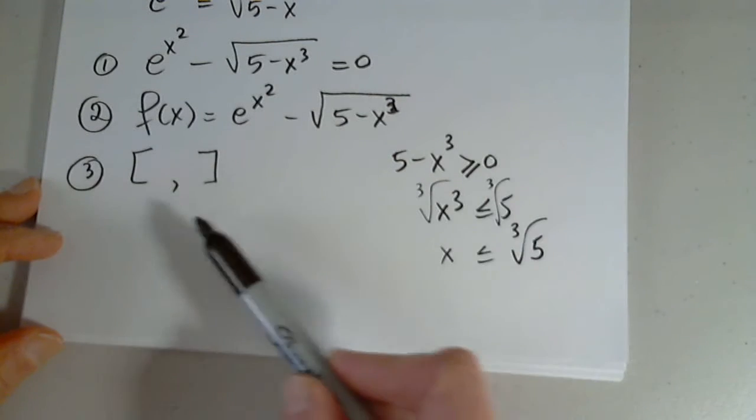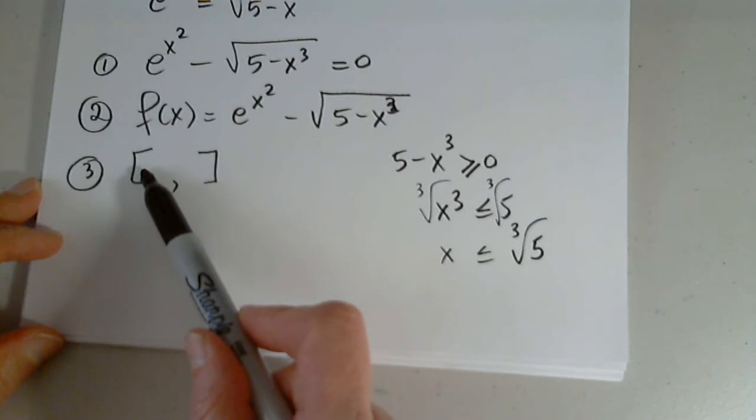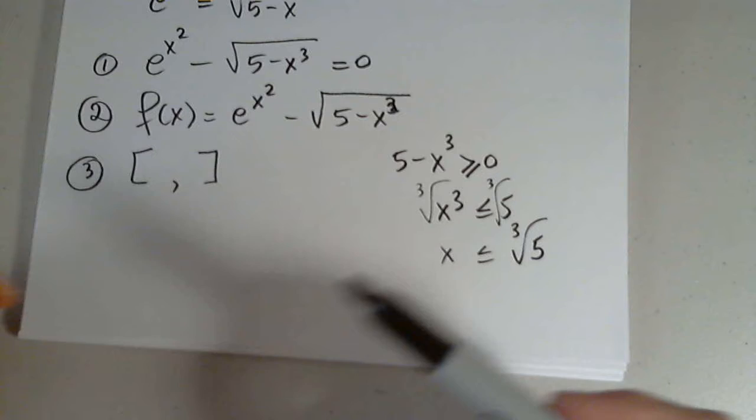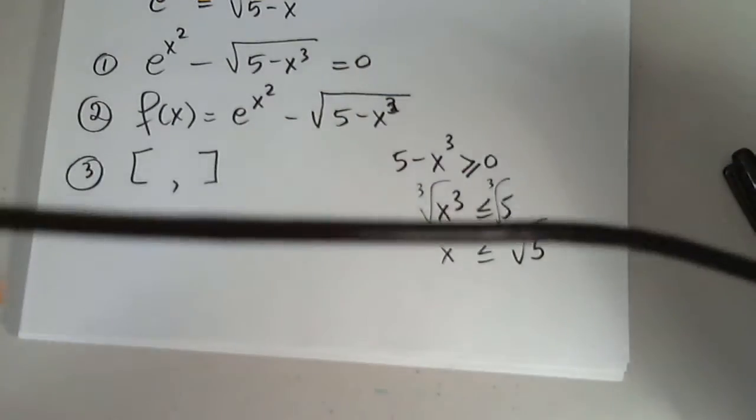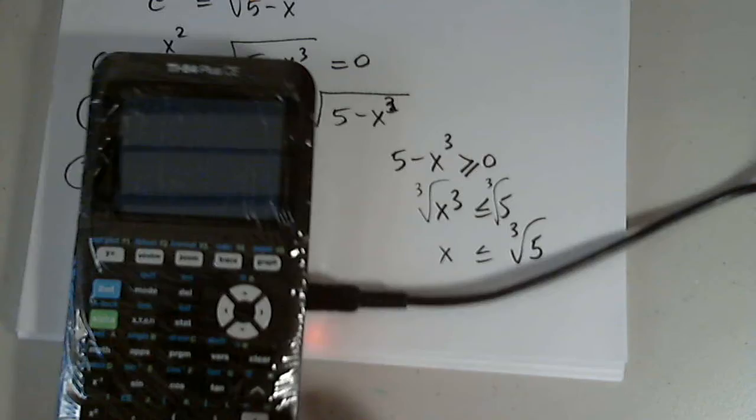So I could look at numbers between negative infinity and the cube root of 5, which is a little bit more than 1. My calculator, yes, I forgot to plug it in, so it's charging. Sorry about that.